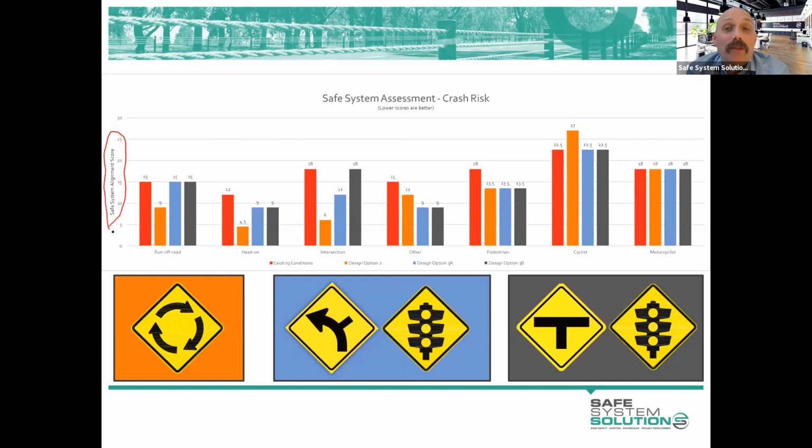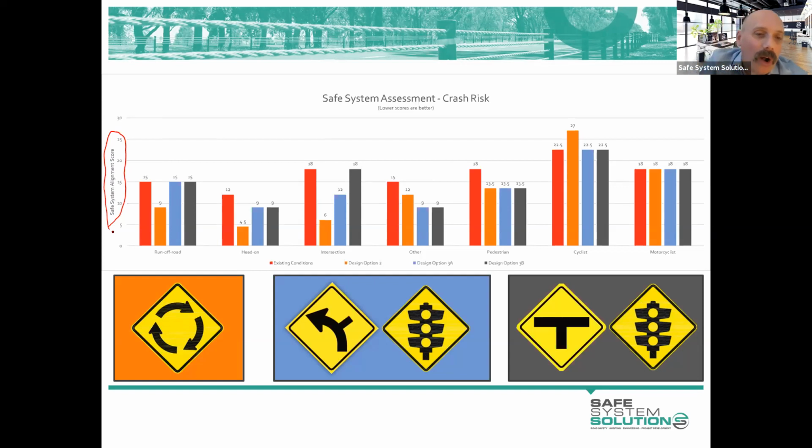A little trick to remember that is towards zero. We're aiming towards zero death and serious injury on our network. The scores we're looking for in here are aiming towards zero. Another way to remember it is that the height of any of these bars in the graph represents risk. Higher the bar, higher the risk. Lower the bar, lower the risk.